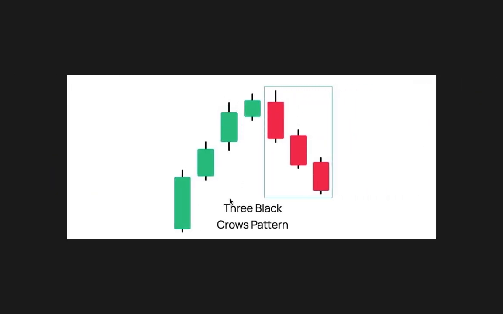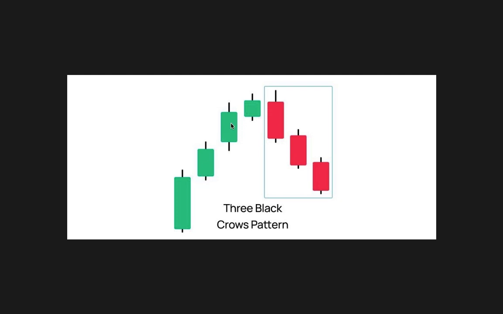So this is the three black crows, just like the three white soldiers candlestick pattern. When something like this occurs in a bullish market, the market is moving up, and then when you reach a certain level, you start seeing something like this.